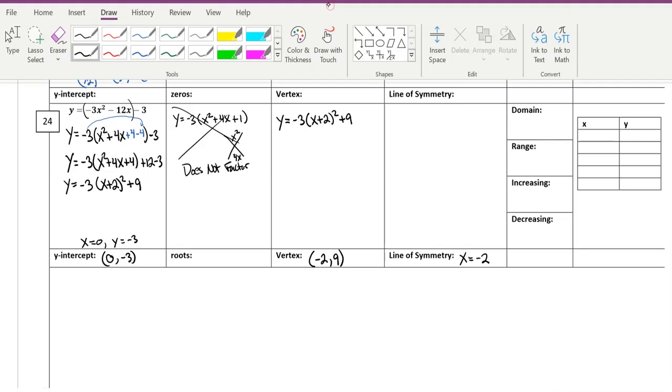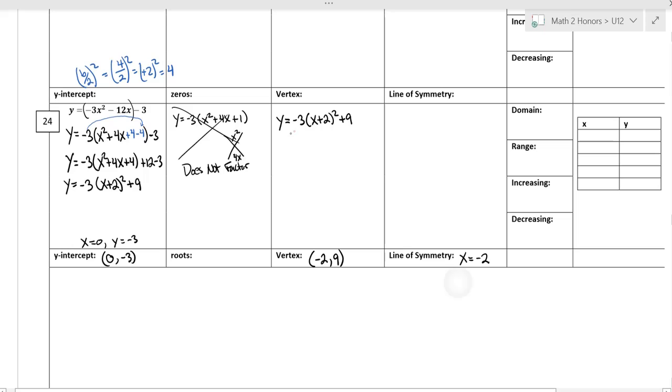Okay. And now let's find our roots. So I'm going to subtract 9 from both sides. Well, sorry, let me plug in 0 for y first. But when you're solving and it's in vertex form, you want to get the squared part by itself. So we're going to subtract 9 from both sides.